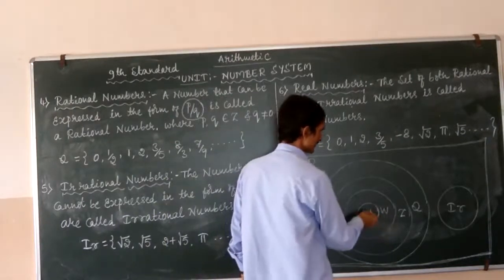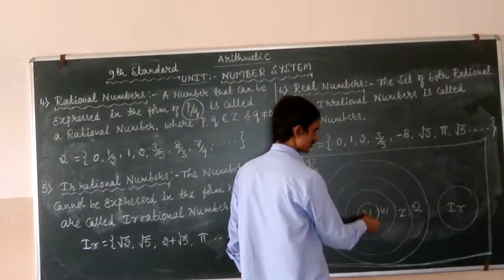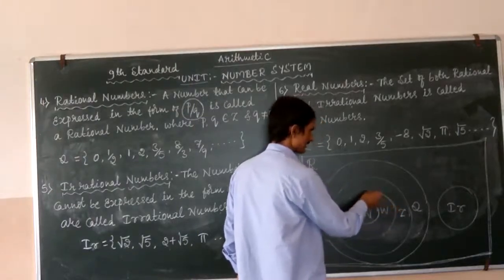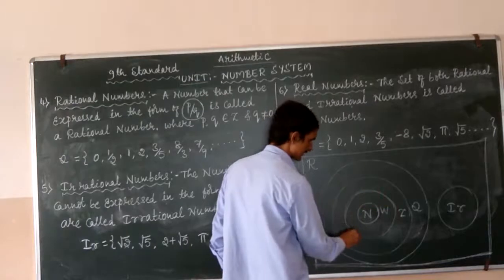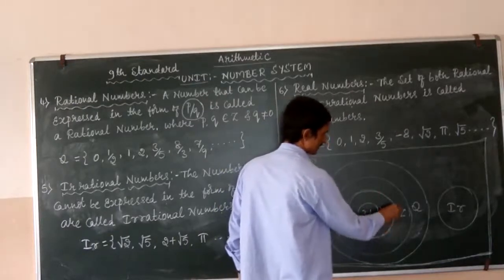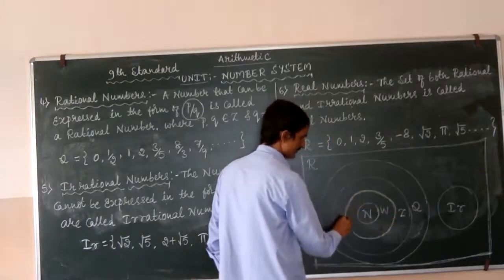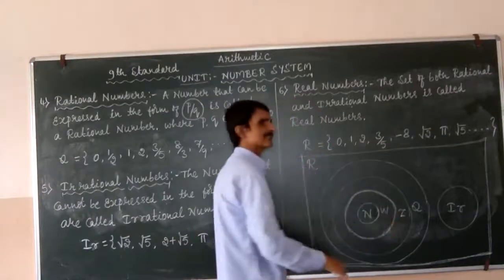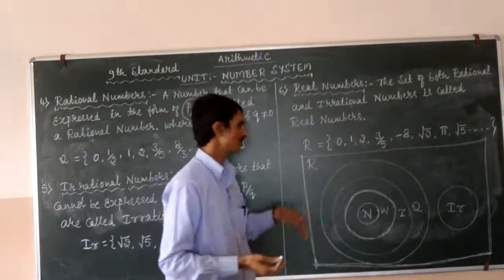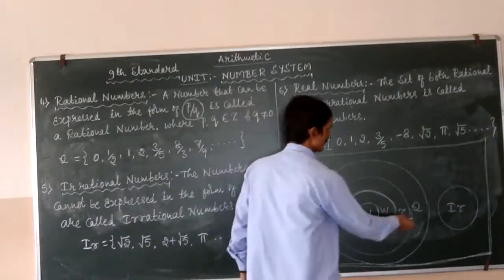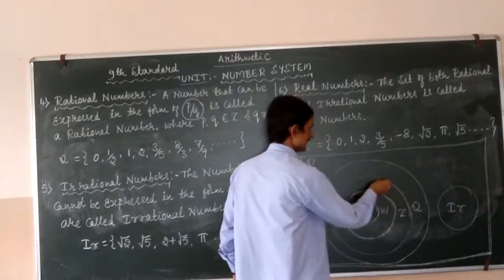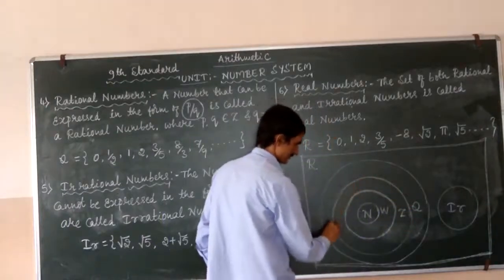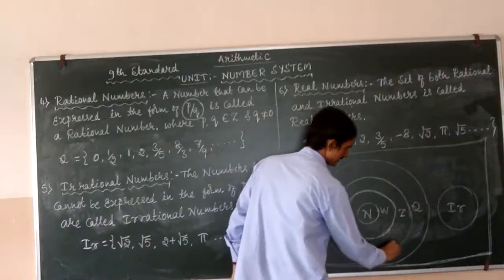Next, if we add 0 to the natural numbers, we get the whole number set. If you add negative numbers to the whole numbers, we get integers.